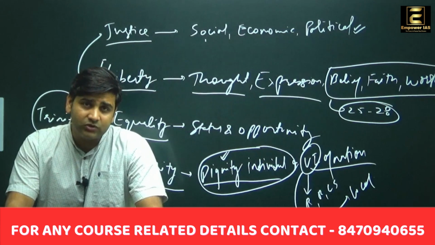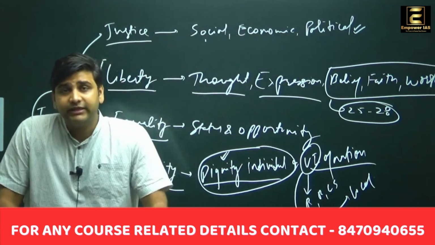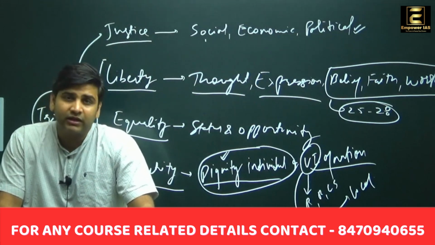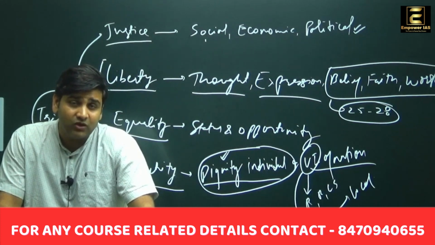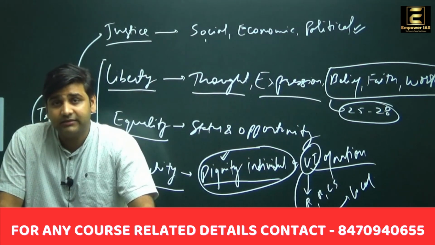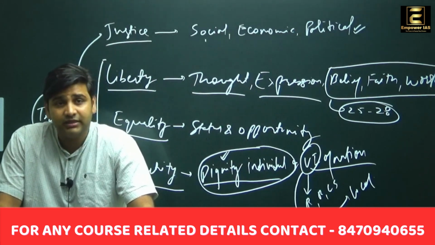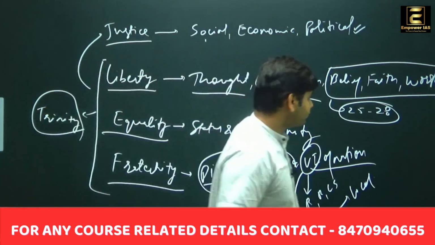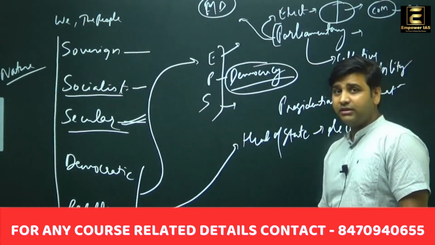It also tells about the core constitutional values, the justice, liberty, equality and fraternity. It tells about the source of power and about the enacting date, the 26th of November 1946, on which date the constitution was adopted, enacted by the country in the Constituent Assembly. So I hope you have understood the basic concept related with the preamble.